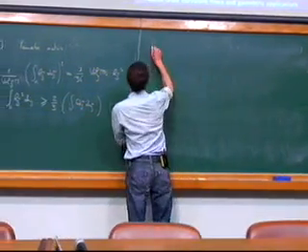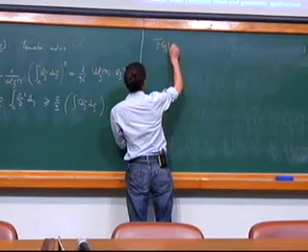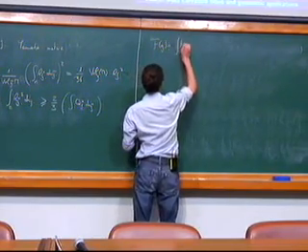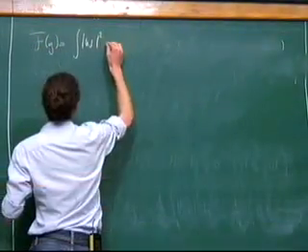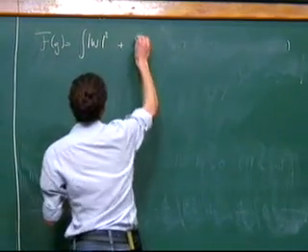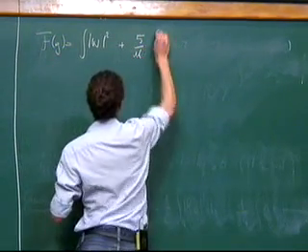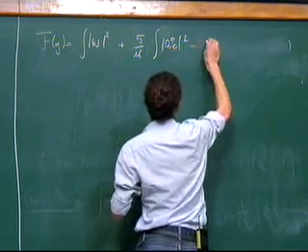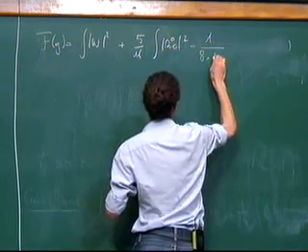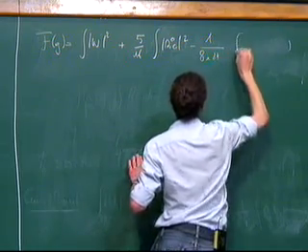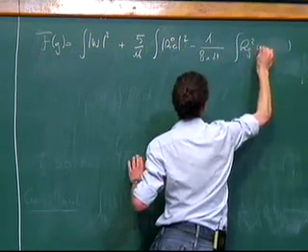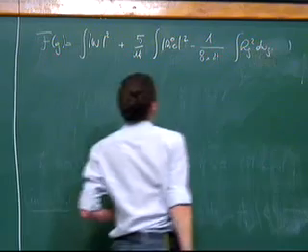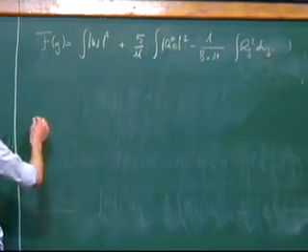We had this functional f of g, equal to Y squared plus 5 over 16 minus 1 over 8 times 24 squared.